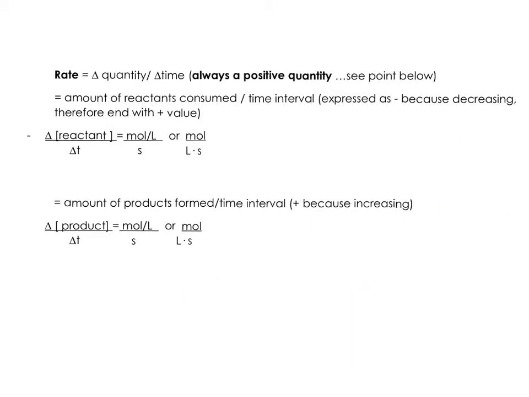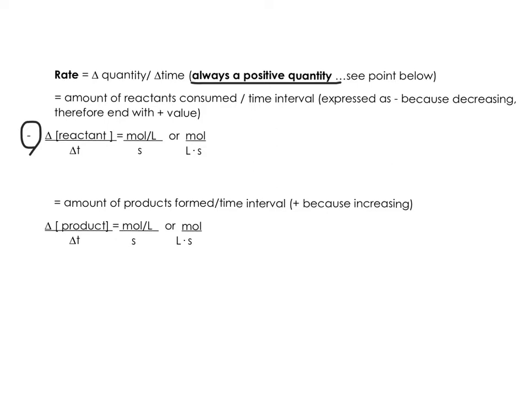So rate is equal to the change in a quantity over a change in time. Now, really important, it is always a positive quantity. So we record it as a positive quantity, and we do that by having a negative sign in front of our change in reactant concentrations.